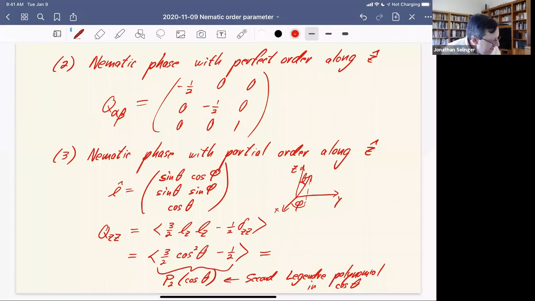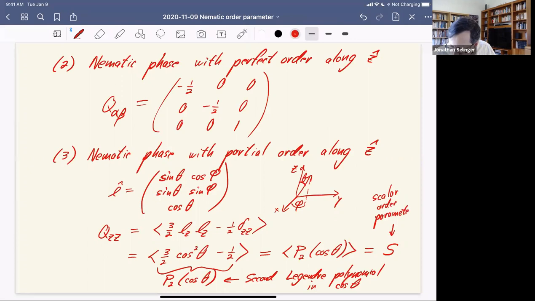So QZZ is the average of P2 of cosine theta. In liquid crystal science, this quantity is given the label S and is called the scalar order parameter, for reasons I will go into in a few minutes. So QZZ is S.